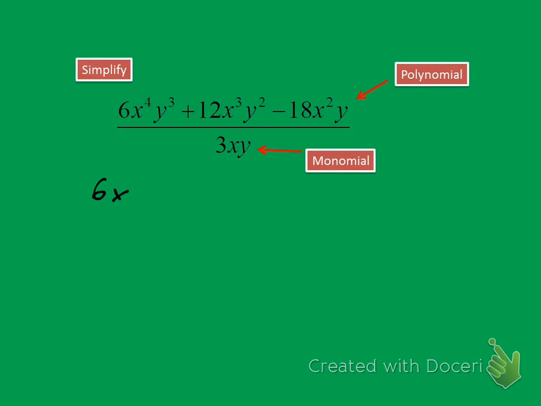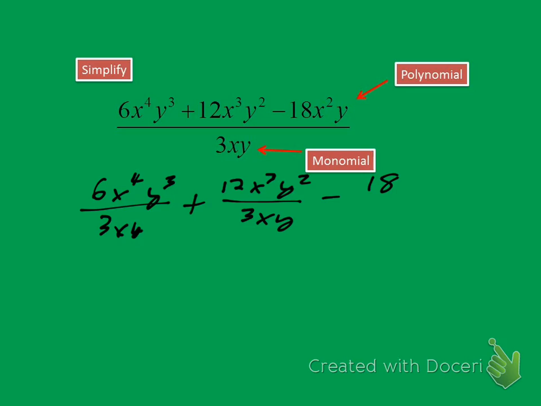6x to the fourth y to the third, divided by 3xy, plus 12x to the third y squared divided by 3xy, minus 18x squared y divided by 3xy.